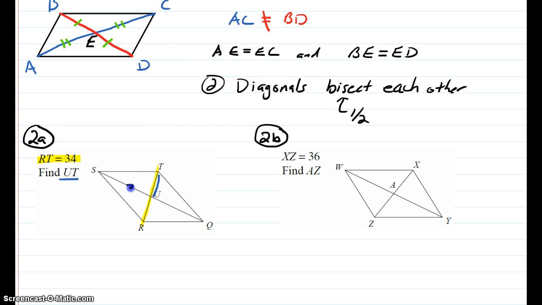I know the whole thing is 34. The thing that we learned is that the diagonals bisect each other, or cut each other in half, so this piece and this piece are going to be equal. You can see that I just need half of that. So you just need to do half of 34. If you don't know it in your head, just take 34 and divide by 2.